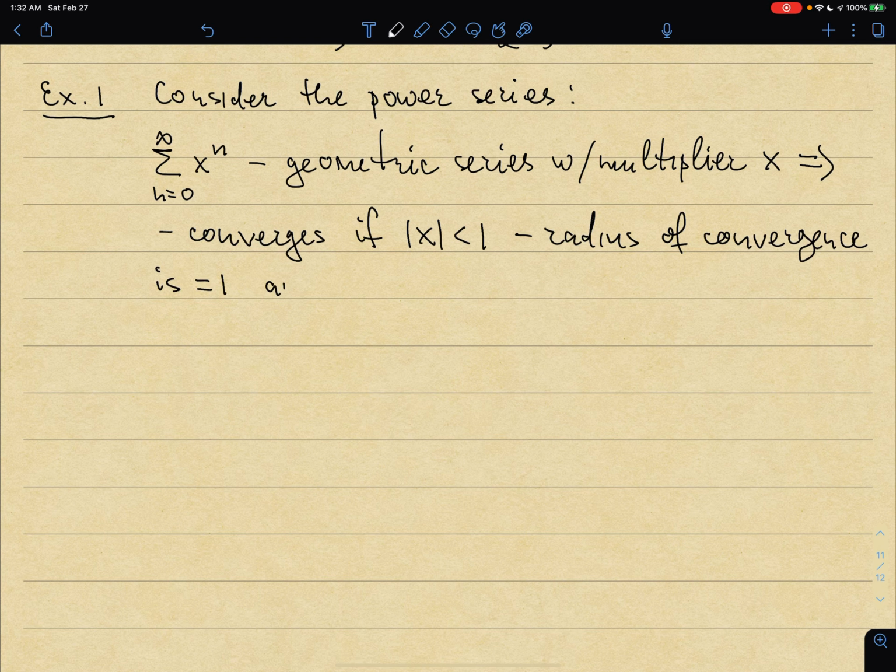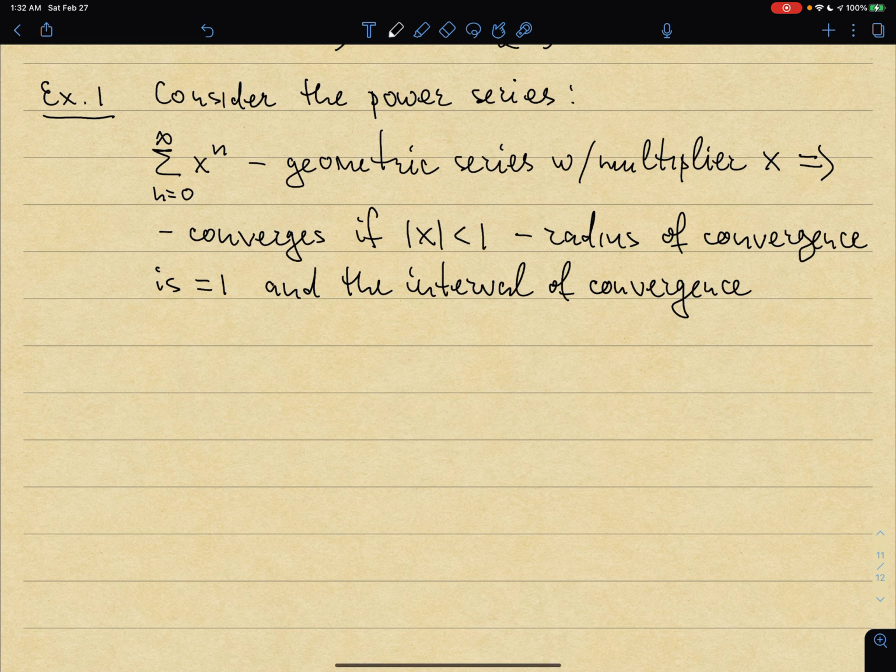And the interval of convergence, we just rewrite the absolute value of x less than 1 without using the absolute value sign, and we get minus 1 less than x less than 1.